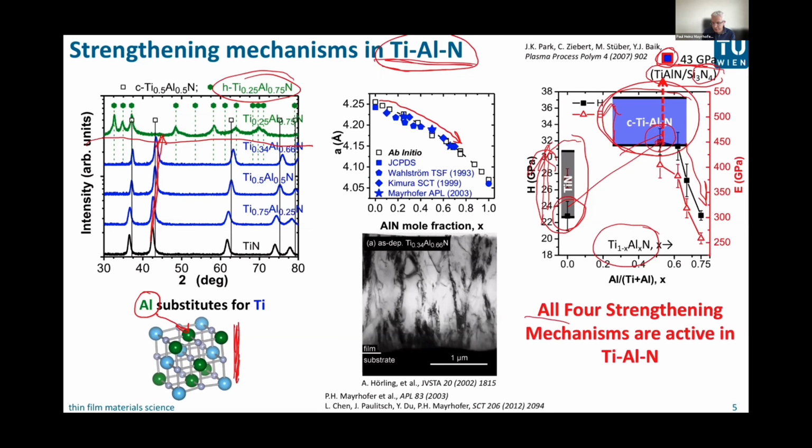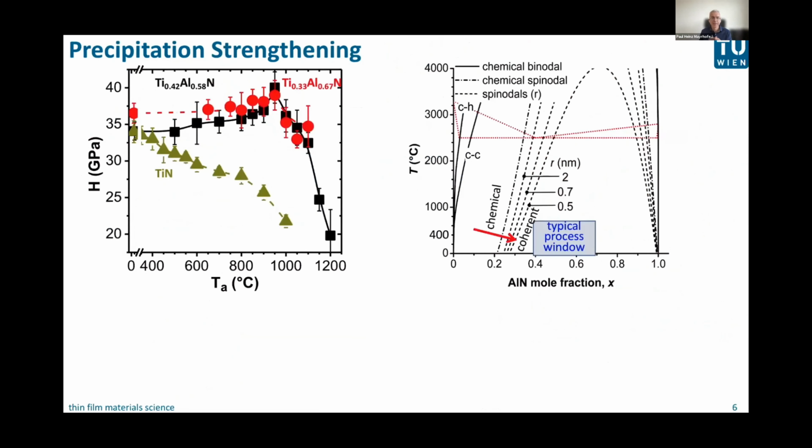And here I mentioned that we actually can also have the 4th strengthening mechanism, which is precipitation hardening, and that I will show you shortly. How can we collect the precipitation strengthening effect? As I mentioned, I start again with titanium nitride. We boost the hardness of titanium nitride just by increasing the number of crystal defects.